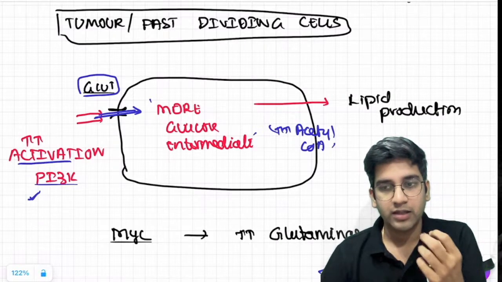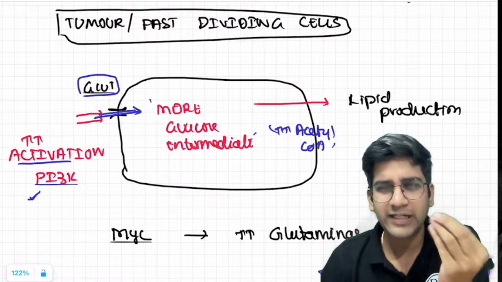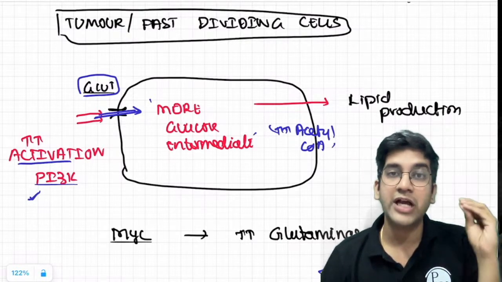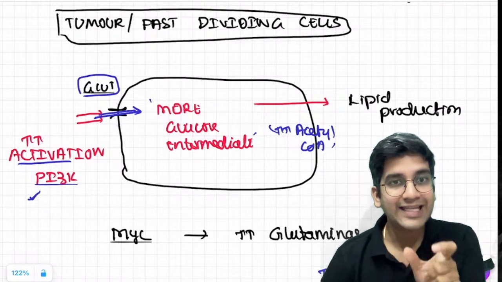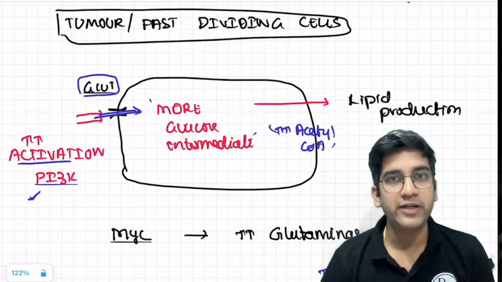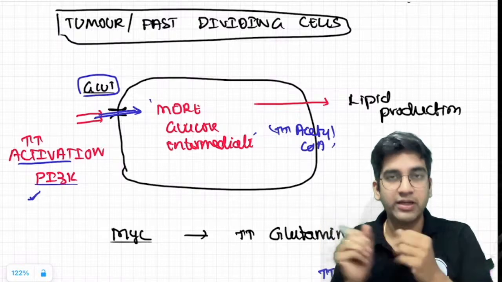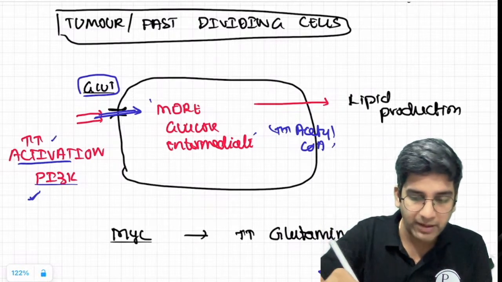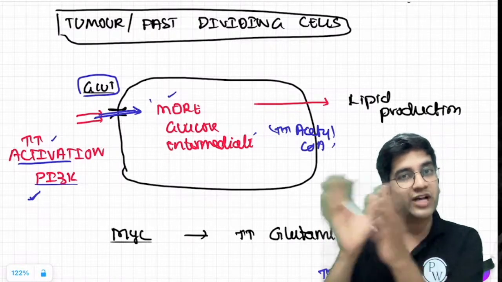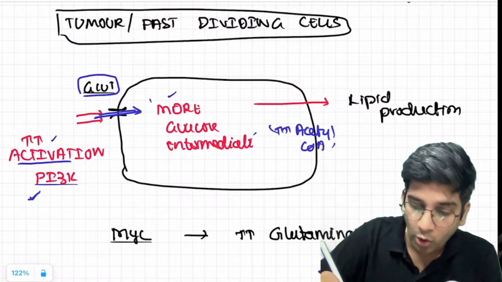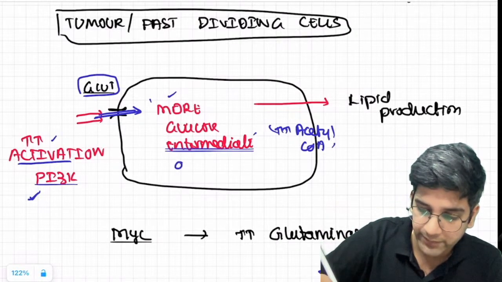Let's assume normally a cell can metabolize 10 units of glucose, but here a cell is metabolizing 100 units of glucose. Can I say the intermediates start accumulating? Normally I do it 10 times, but here since there's activation, I'm having more glucose molecules. Will I do it 100 times? Definitely faster, right? Which means all these intermediates will accumulate.